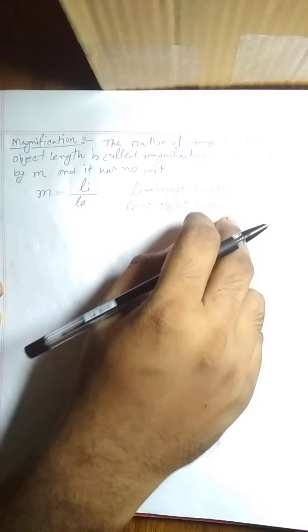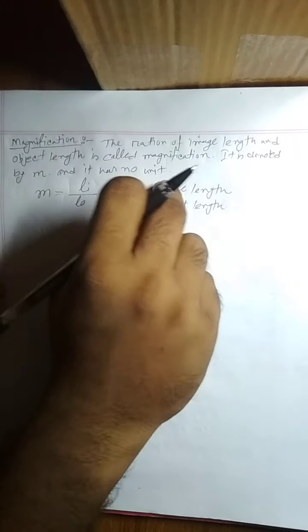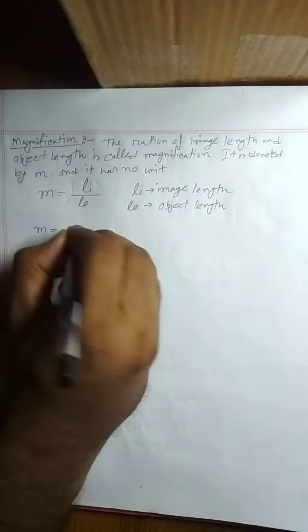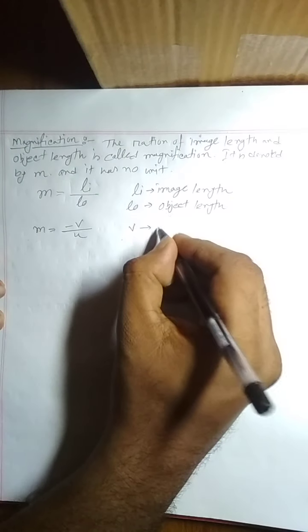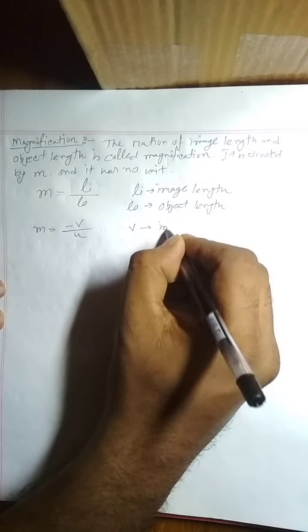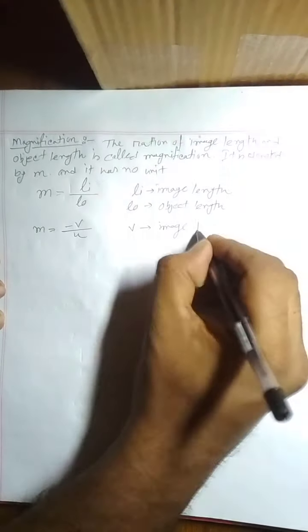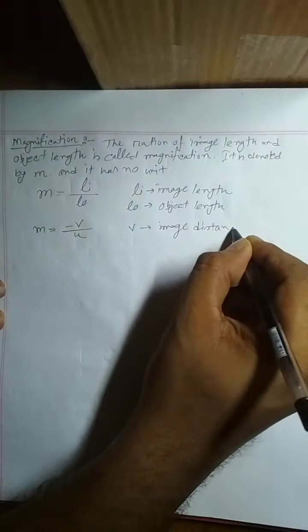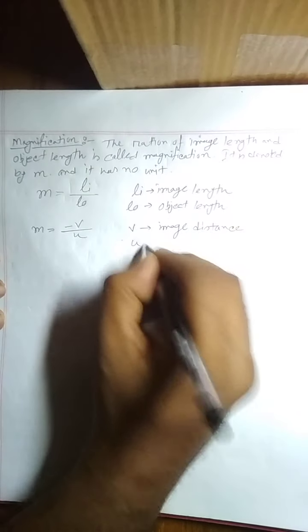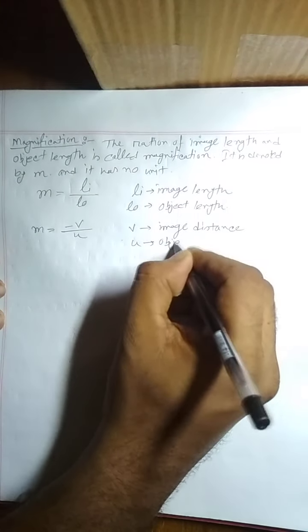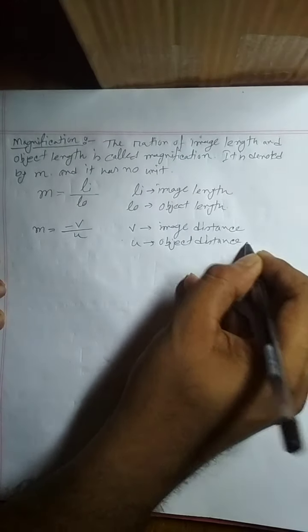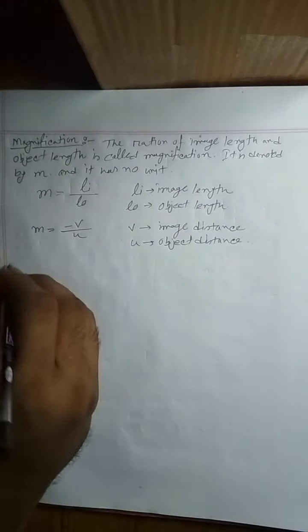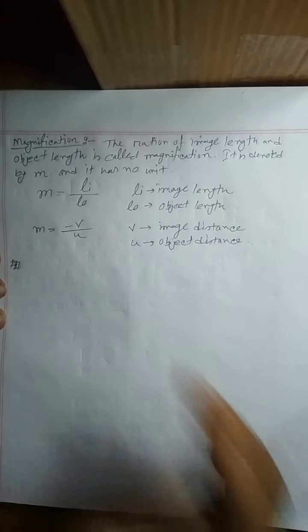Sometimes the math doesn't have both those lengths, so then we have to find it with this formula: v, the image distance, over u, the object distance. Now see what I'm talking about.